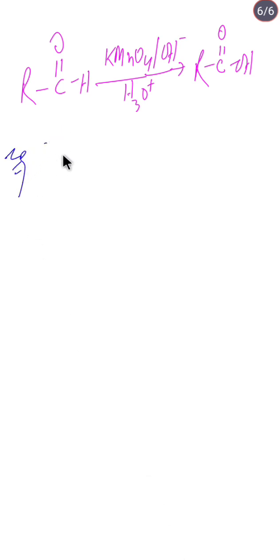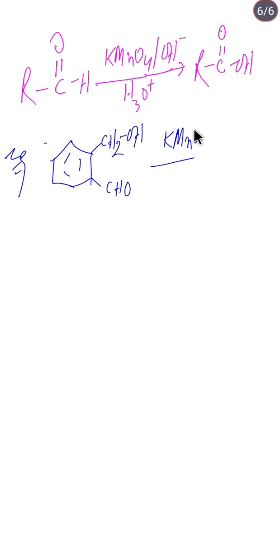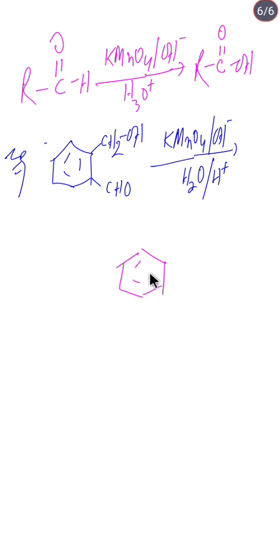This is our benzene, and if there is CH2OH and CHO here, and if it is reacted with KMnO4 with the base followed by acidic hydrolysis, then we will obtain this product.